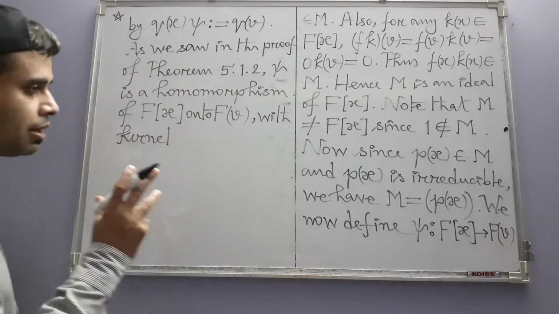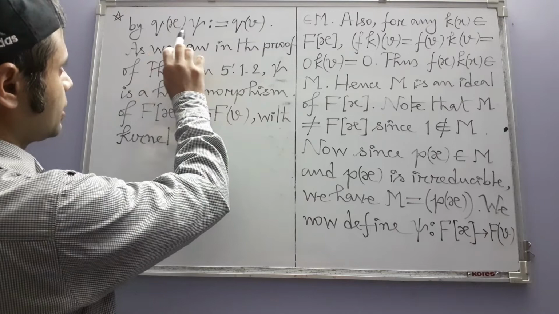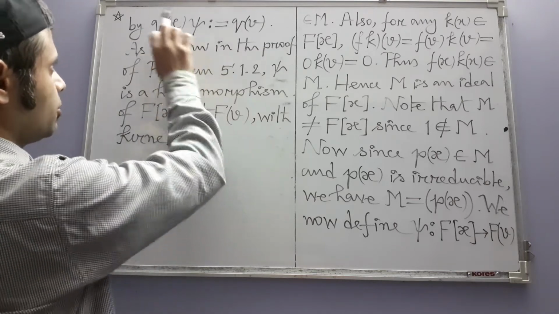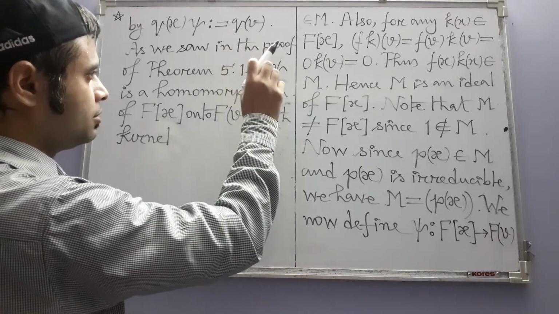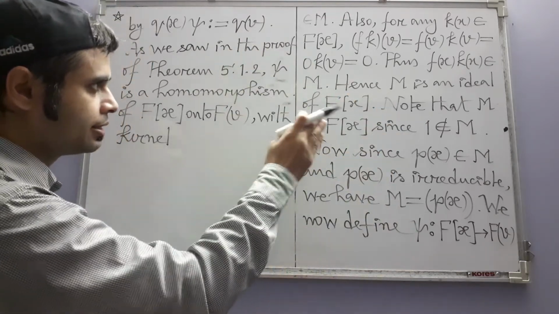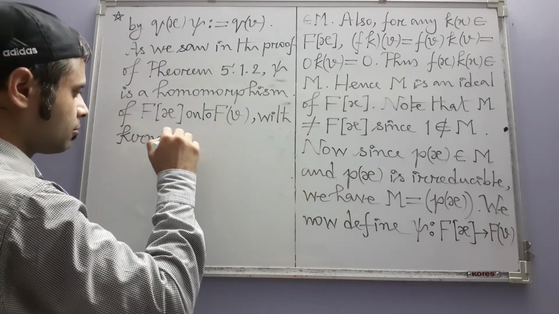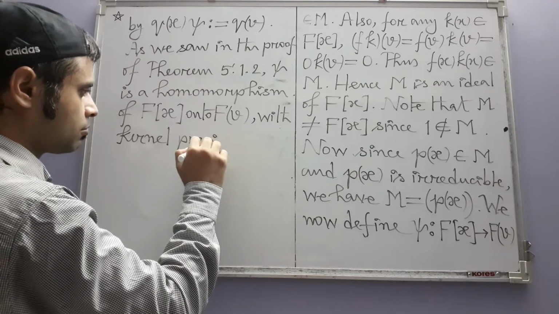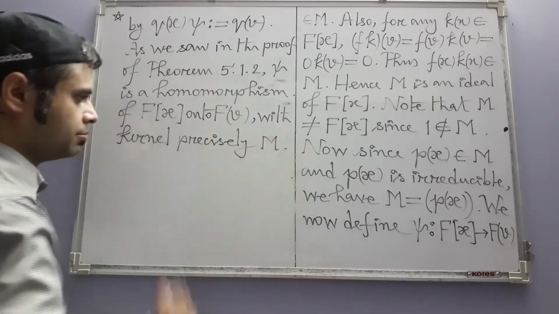Note that the kernel will consist of those polynomials which, when you evaluate at v, give you 0. That means the kernel is precisely our ideal M.